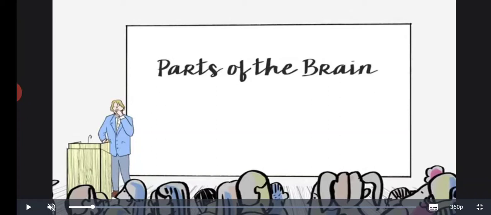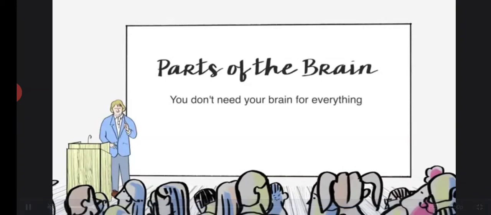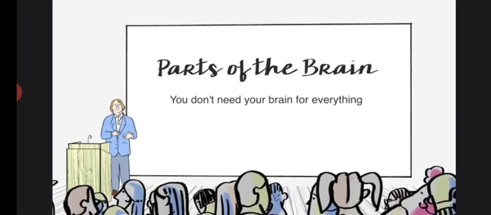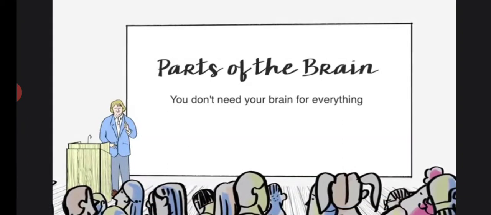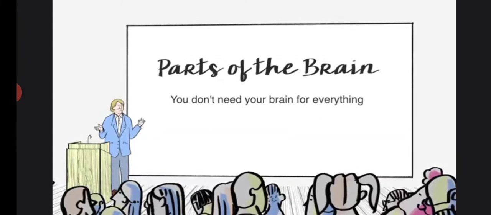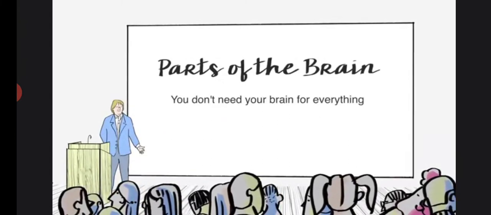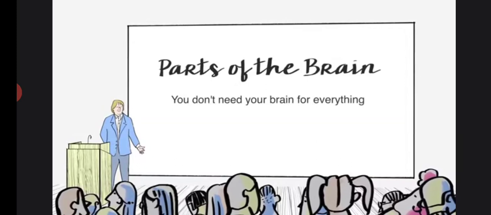So, some of the structures of the brain that are highly relevant are called subcortical, which means they're below the cortex, which means they're in the center of the brain. This includes parts of the brain like the medulla, which controls certain automatic functions like your heart rate, your blood pressure, swallowing, and so on.